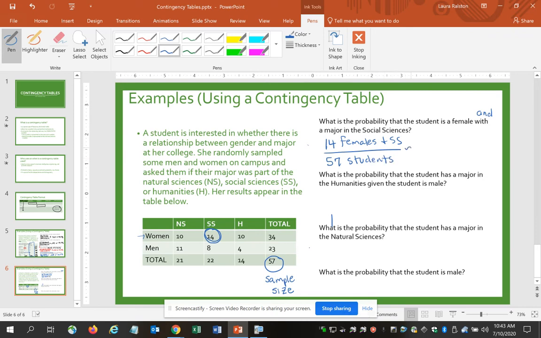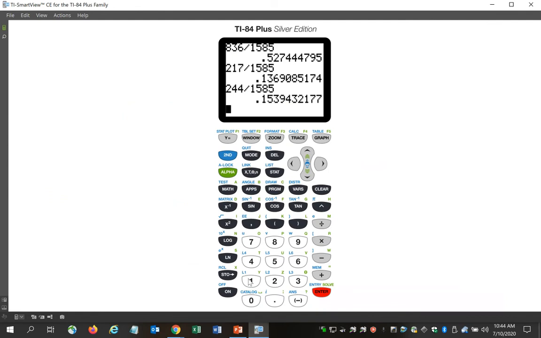Now again, you could leave that as a fraction. Decimals are usually a little bit better understood, so you can do 14 divided by 57. And let me show you that one, because again, you want to be careful about your rounding. 14 divided by 57, 0.2456. Again, the 6 is going to bump the 5, so be careful.